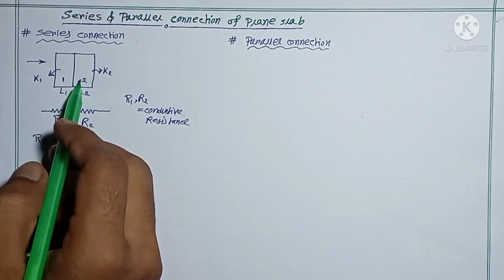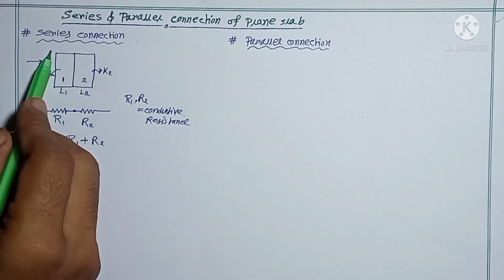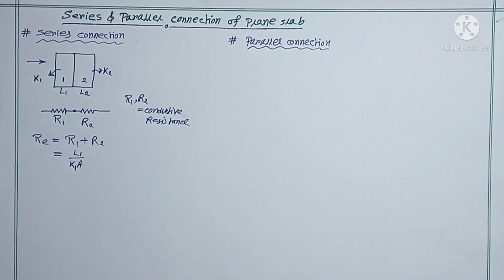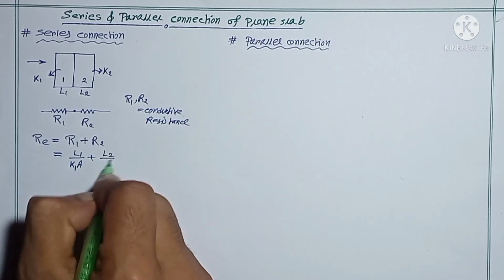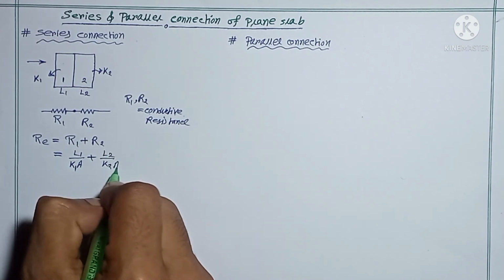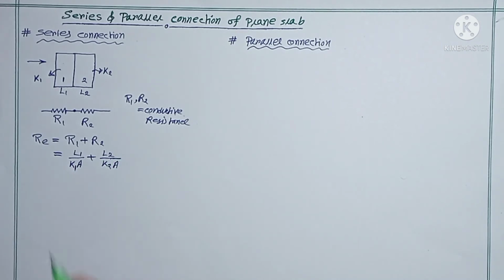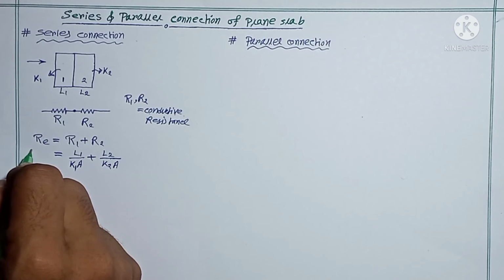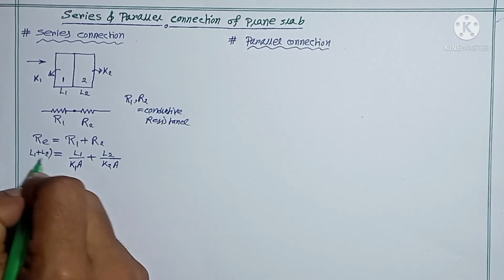They are connected in series, so we consider the area the same, meaning the cross sectional area here and here are both the same. Similarly, for R2 we can write L2 by K2 into A. Am I right? Now how can you write R equivalent? R equivalent means your total length L1 plus L2. Am I right?